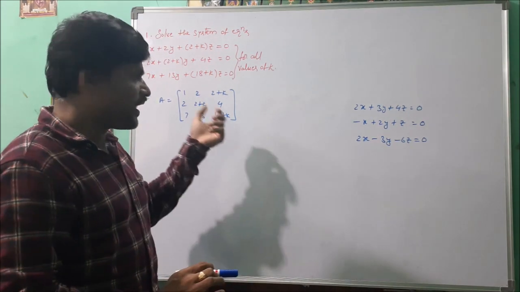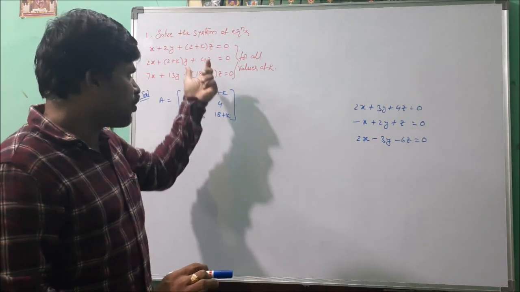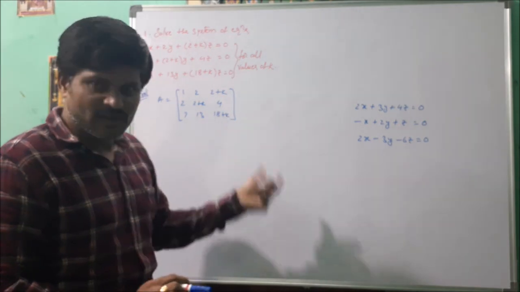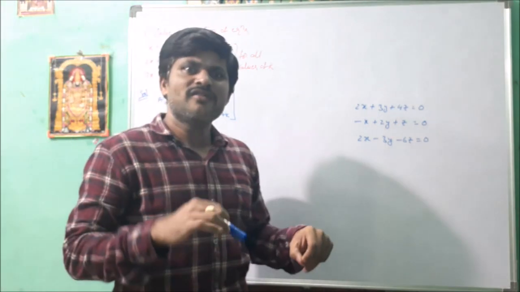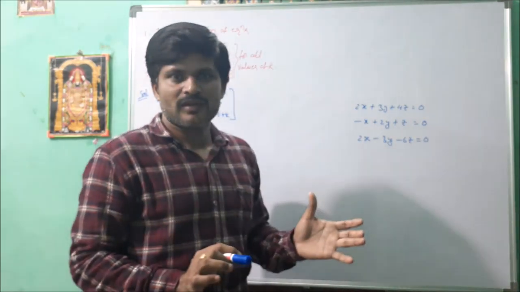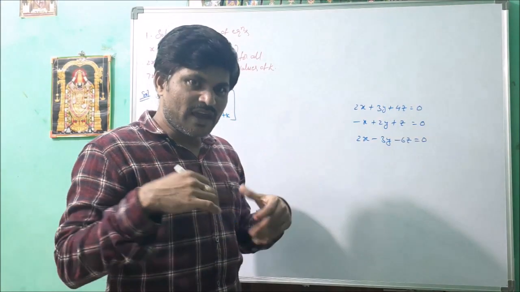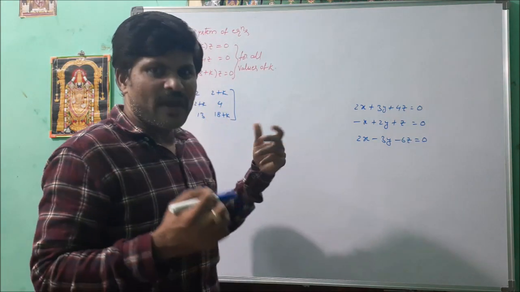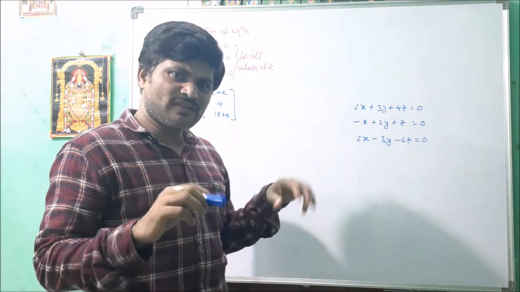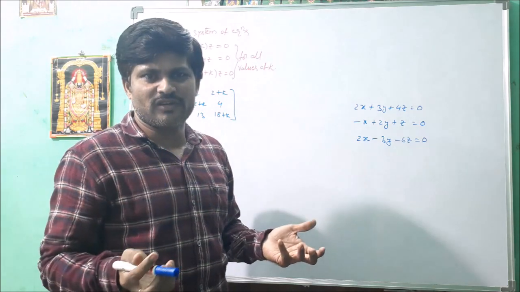Then we take the determinant of the coefficient matrix equal to 0, simplify this determinant and find the value of k. For some values of k the system has a trivial solution, and for some values it has a non-trivial solution.